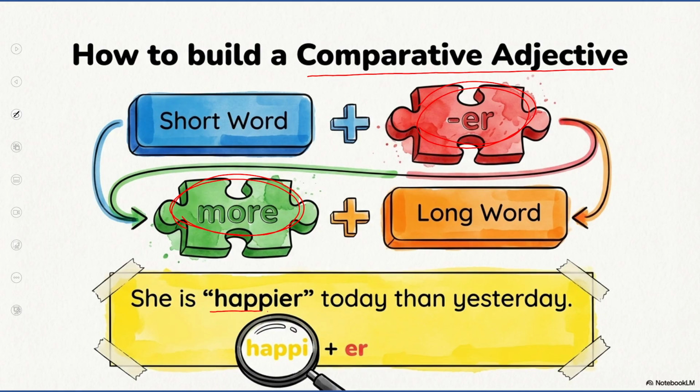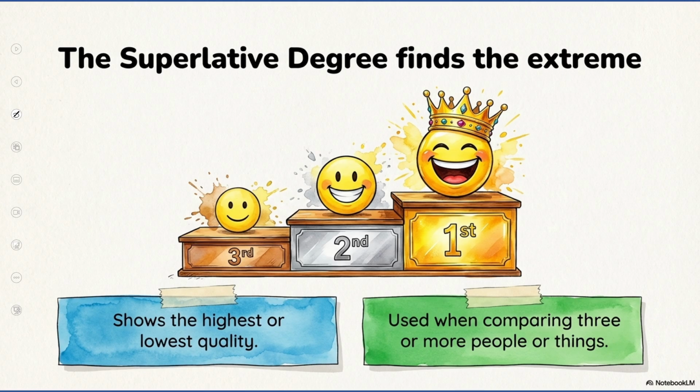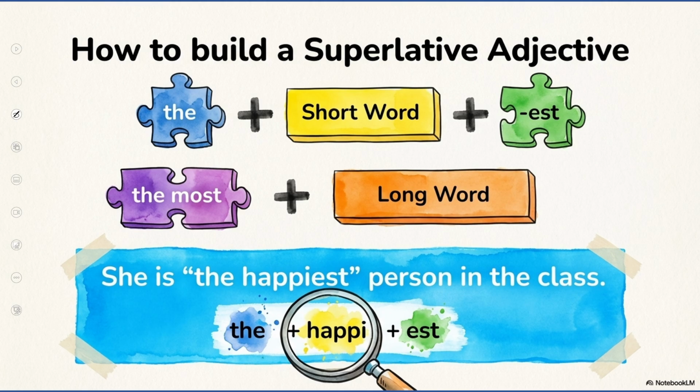So happier, she is happier today than yesterday. So how have we turned happy into happier? By comparing it. In this case, we have added ER with the main adjective, which is happy. So it shows the highest or lowest quality, or is used when comparing two people or things.